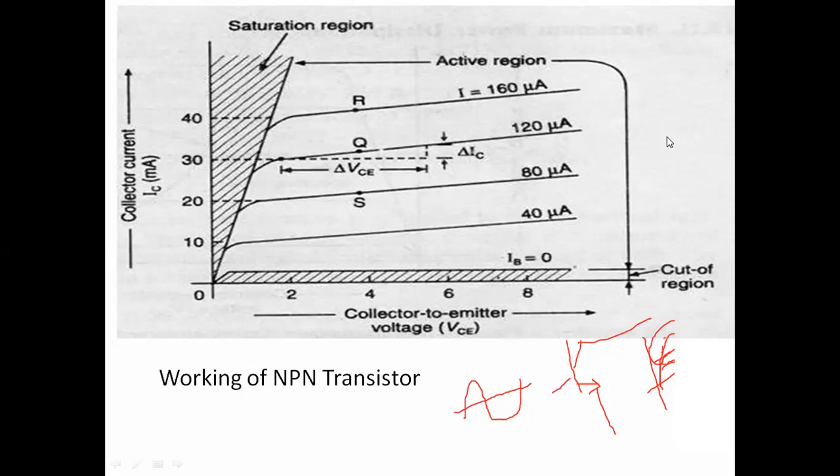These are the different regions in which the transistor can operate, but the proper output is obtained in the active region only.